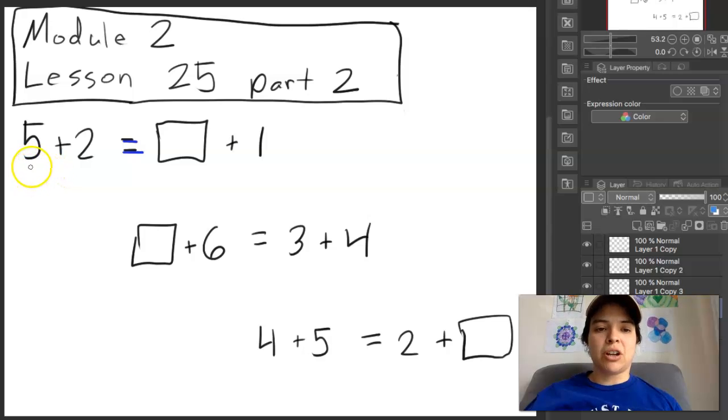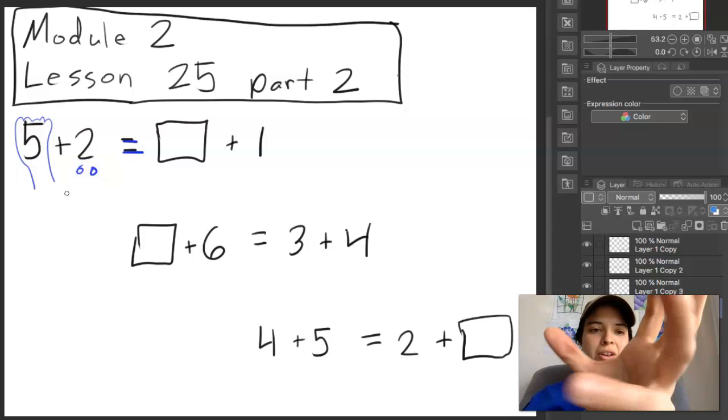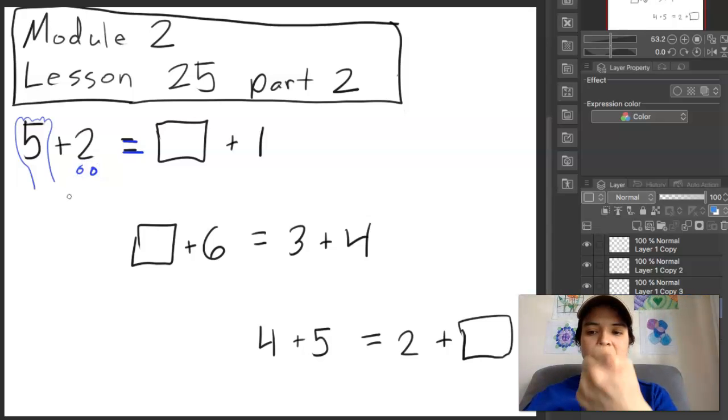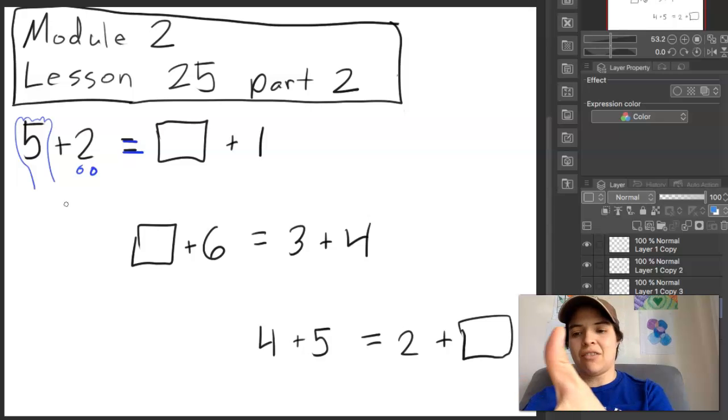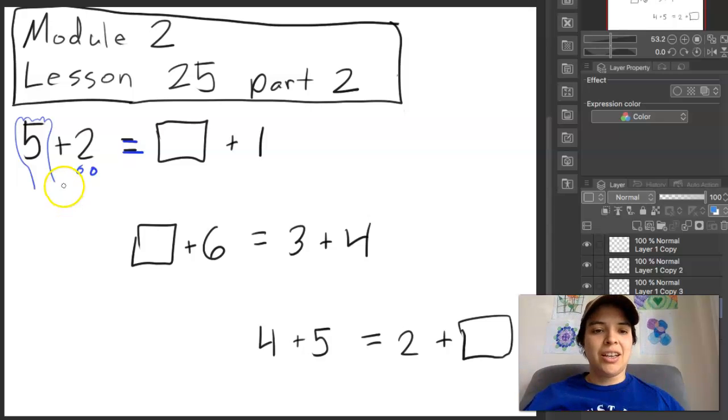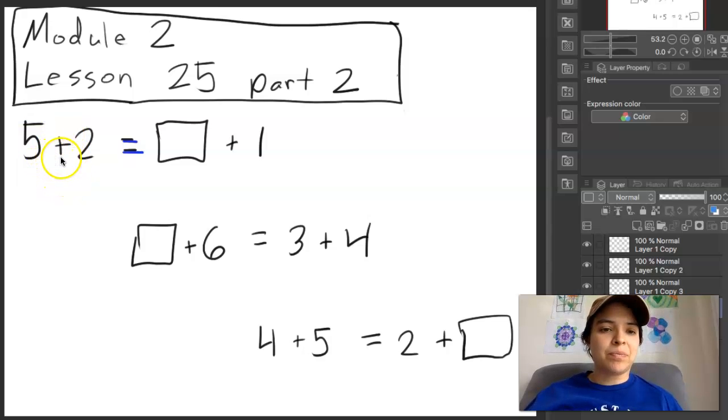If we're going to use our grab and count on method, you grab 5 and hold it, and count on 1, 2. Ready? Grab 5, count on 2, 6, 7. So what we know about this side is 5 plus 2 is really 7.